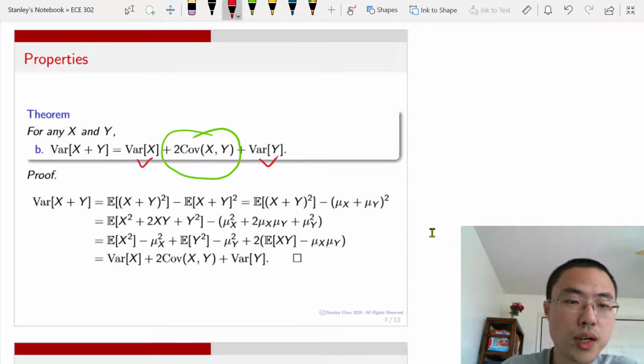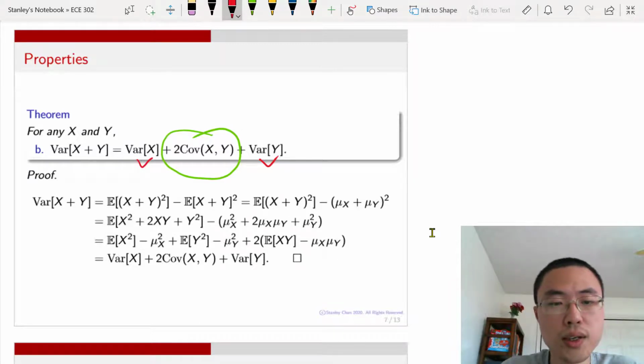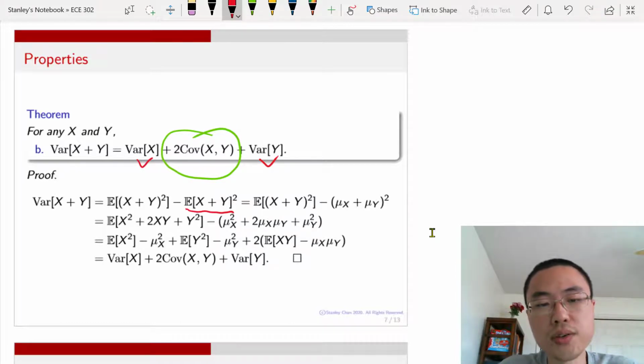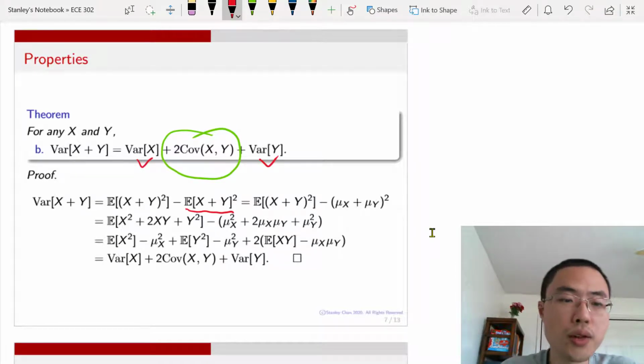So how do we do this calculation? So we have this variance of x plus y. We want to expand the term, so we have x plus y squared. We take the expectation, and then we subtract this expectation squared. So why do we have this?